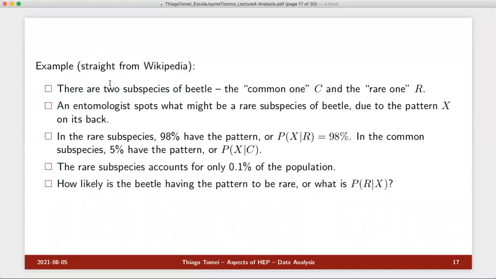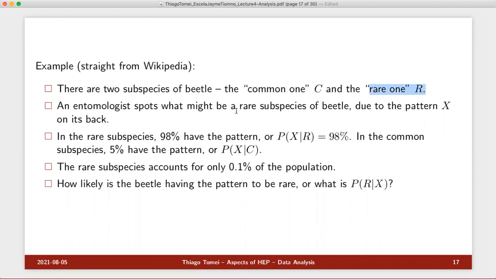This is an example that comes straight from Wikipedia. Okay, so let's work with it. You'll see some of what I'm trying to say here. Imagine that you are an entomologist and you're studying beetles. Then there are 2 subspecies of beetles. One that is common and one that is rare.